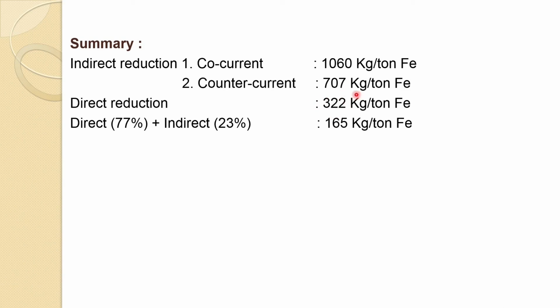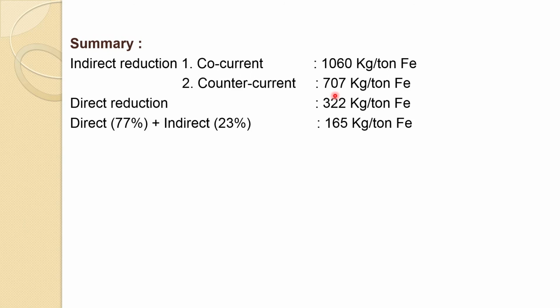So, as you can see, the coke consumption is about 300 kg or so in the modern blast furnaces, and then of course, you have a PCI injection. So, which if you look at it is probably lower than sometimes your direct reduction.